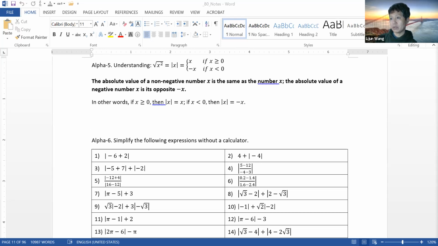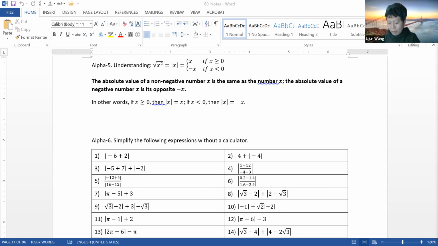I'm going to bring it to the top. With that as our reminder, we're going to start alpha 5.